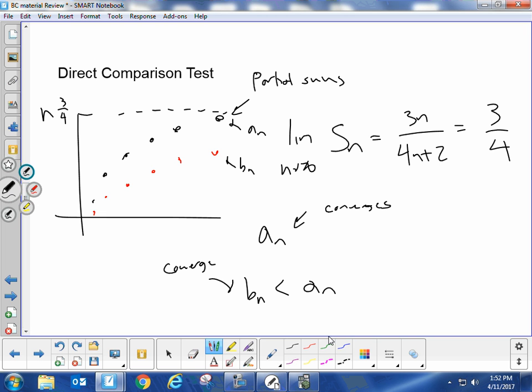However, if we have another series that is greater, we don't know if it's going to converge or diverge. Let's say this is some C sub n. If A sub n is less than C sub n, here I have no idea if that's going to converge or diverge. It's only converging series. If you're less than the converging series, you're also going to converge.